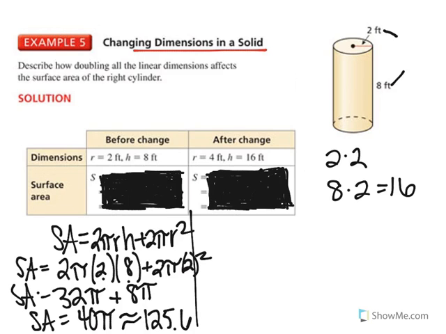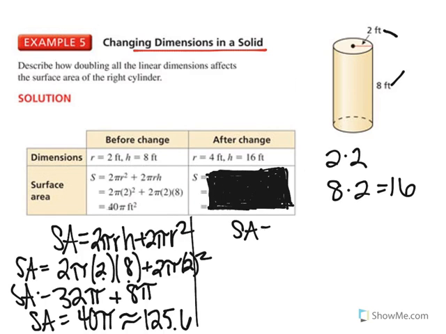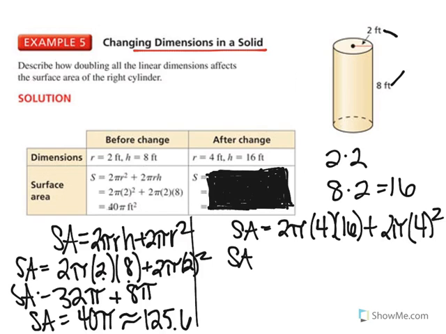Okay, if we do the surface area after the change, we end up getting 2 pi times 4 times 16 plus 2 pi 4 squared. 16 times 4 is 64 times 2 is 128, plus 4 times 4 is 16, times 2 is 32.